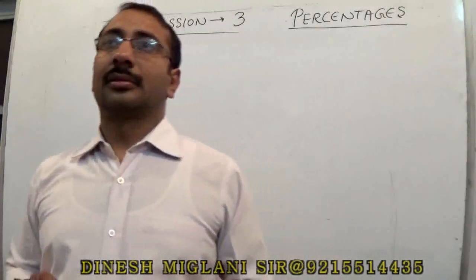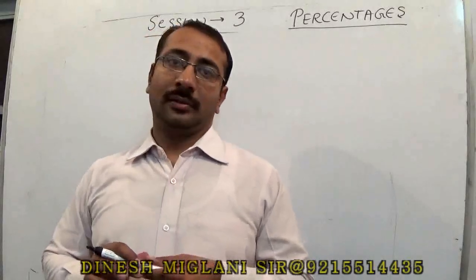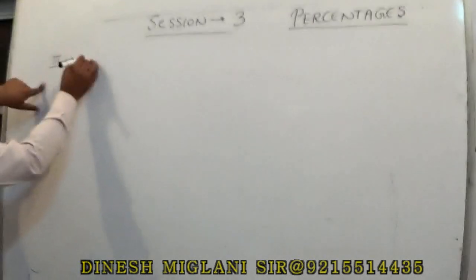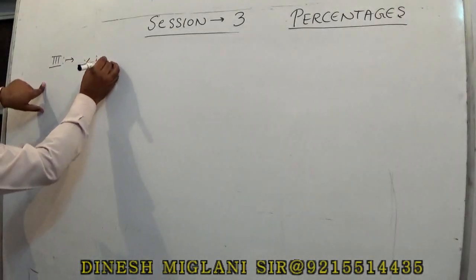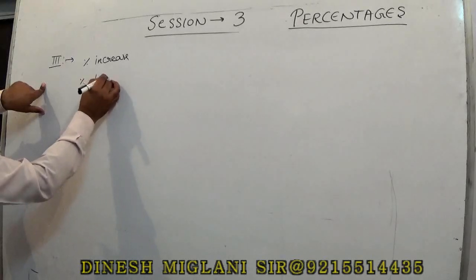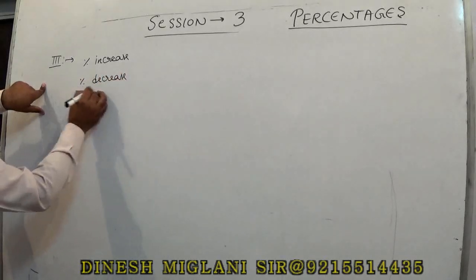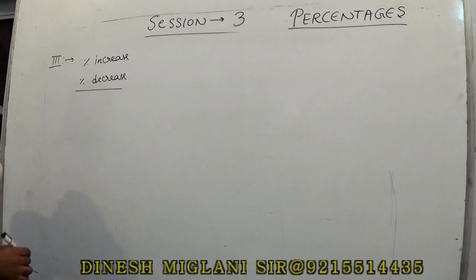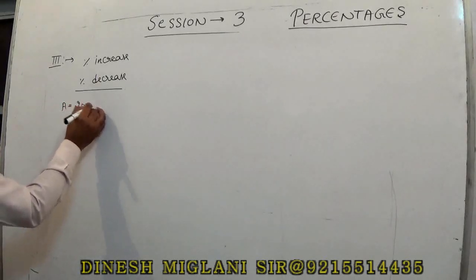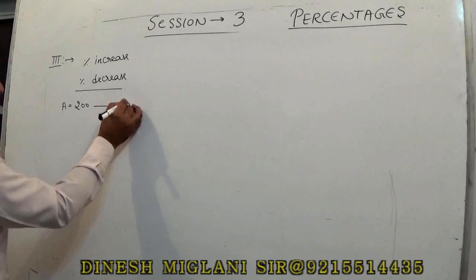After this, we will work over two basic formulas that deal with the concept of percentage increase and percentage decrease. For example, there is a number A which is equal to 200. You have to increase A by 20%.